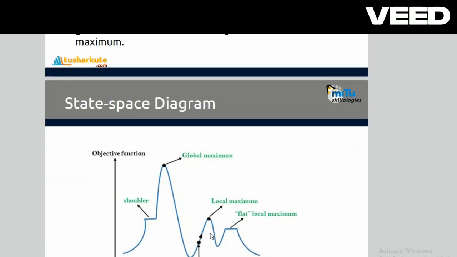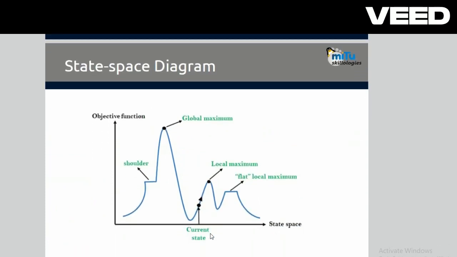So this is the state space diagram for a hill climbing algorithm. Here we have the objective function, and this is the state space, and this is the global max, and this is a local max. When a person climbs a hill, it compares with the local data, and if it is higher, then it updates its current position.